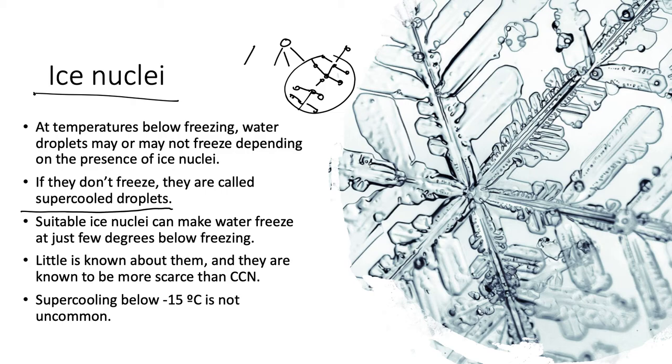Again, very little is known about ice nuclei, but essentially they have a similar function. So maybe there's some kind of a weird particle, and when it touches a supercool liquid droplet, it forces the molecules in this droplet to assume the right positions that they would have in an ice crystal. And when the temperature is low enough, boom, the ice crystal is formed. Okay, so ice, much more complicated.